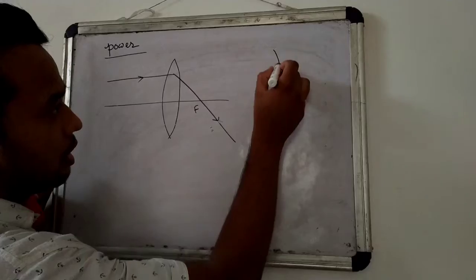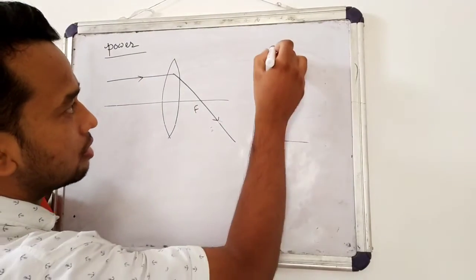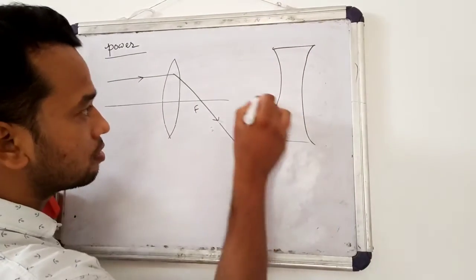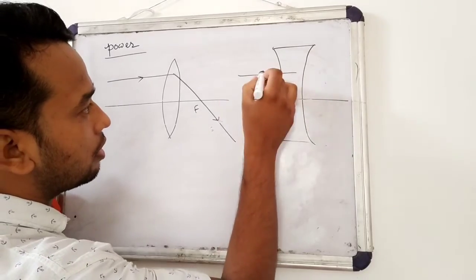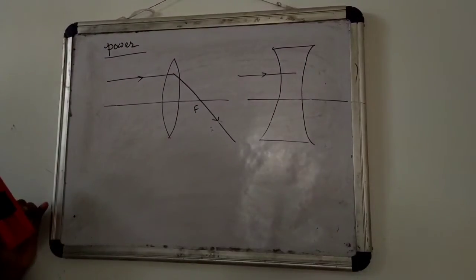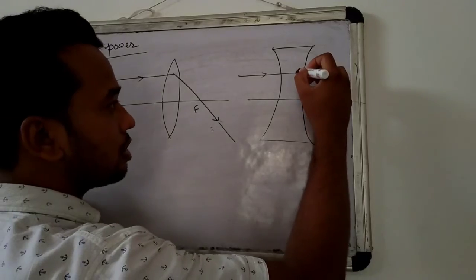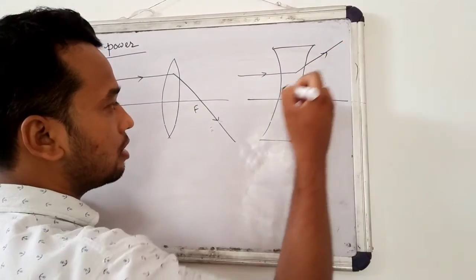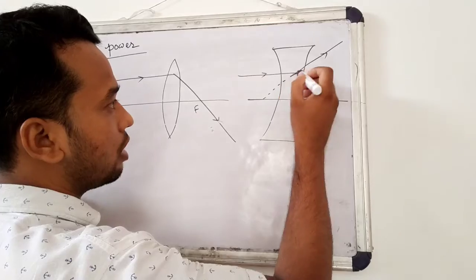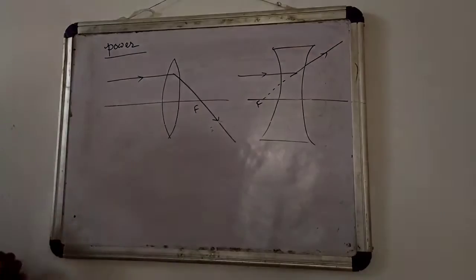Or in the case of a concave lens, if a parallel ray is incident on this lens, then after refraction it diverges like this. That means it will diverge as if from the focus.